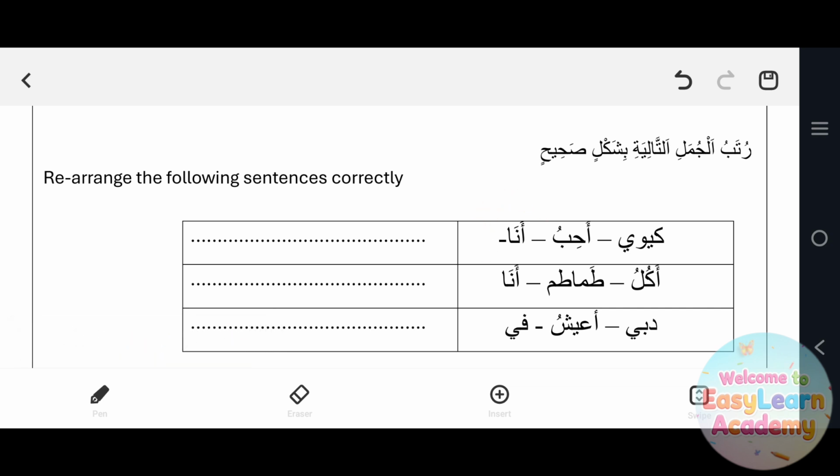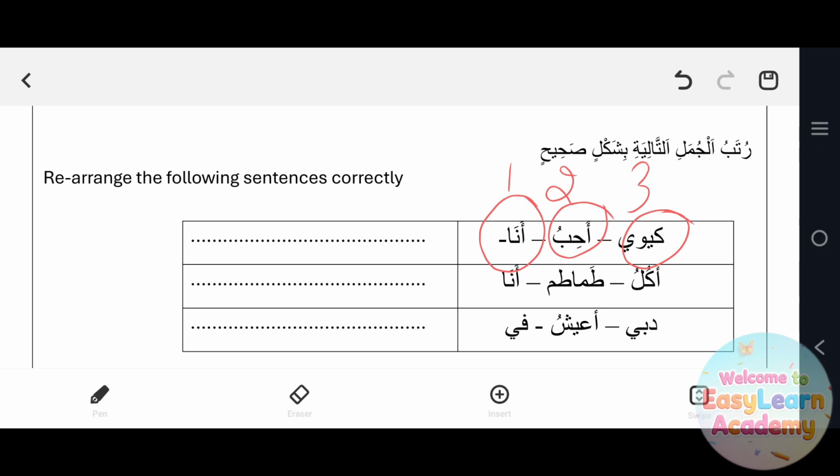The first one is ana, because first we have to apply the pronoun. Ohipu is the second one, and kiwi is the third one. Ana ohipu kiwi means I love kiwi.